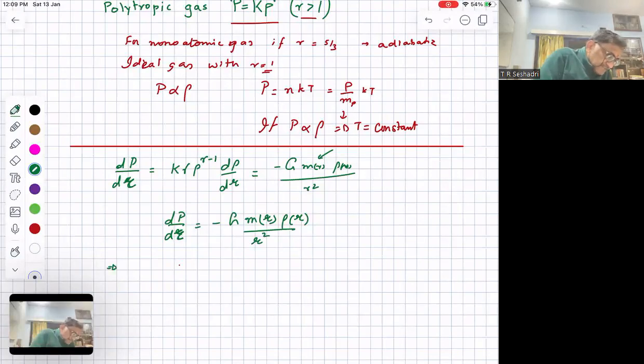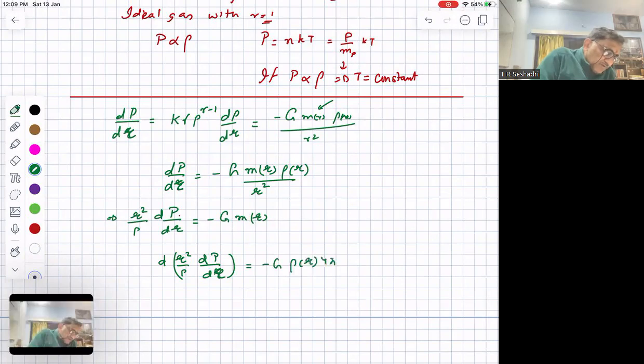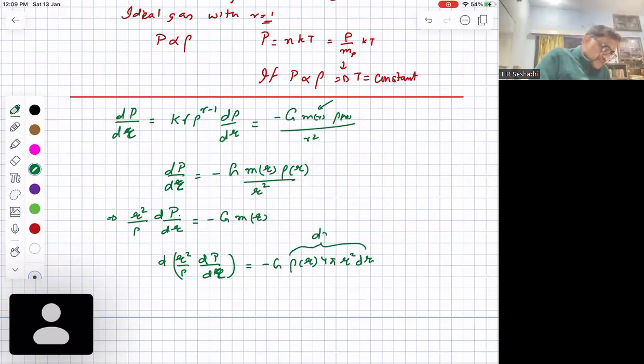This implies r square by rho dP by dr is equal to minus G m of r. And now I will differentiate it. If I differentiate it, I will have d of r square by rho dP by dr equal to minus G dm. What is dm? dm is basically rho of r 4 pi r square dr. Are you with me? Yeah. This is dm. Okay.